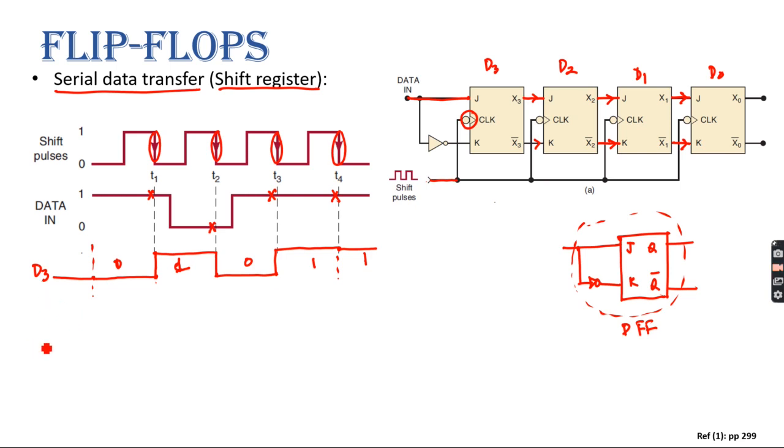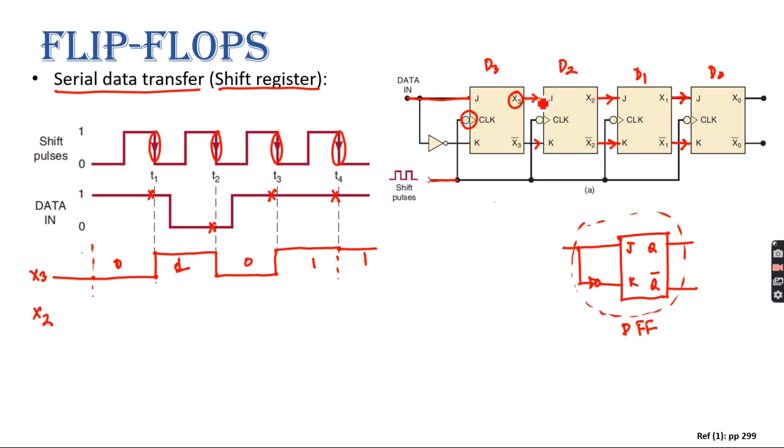So for D2, what is the value of, sorry, this is not D3, it should be what? X3, right? Because X3 is the output of D3. So now for the second flip-flop, what is the input?